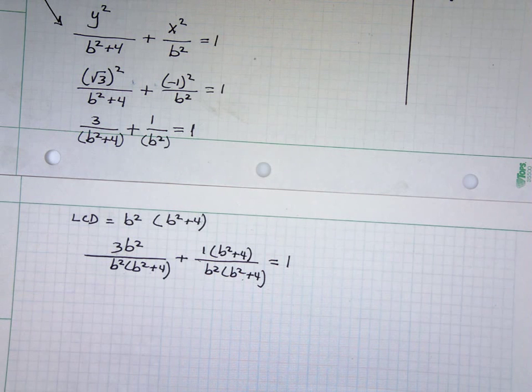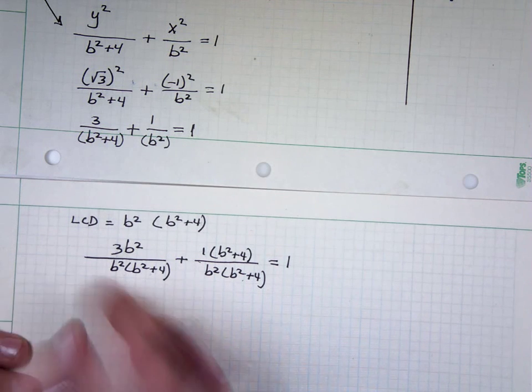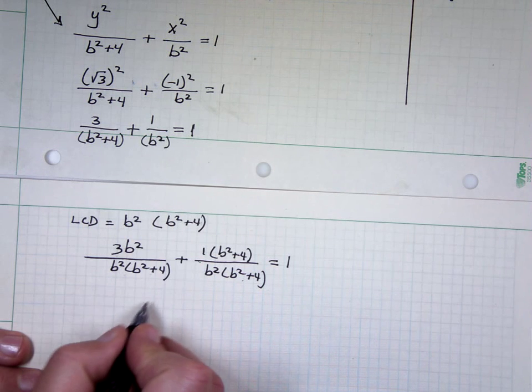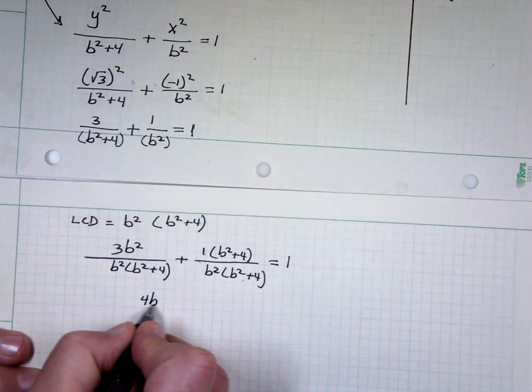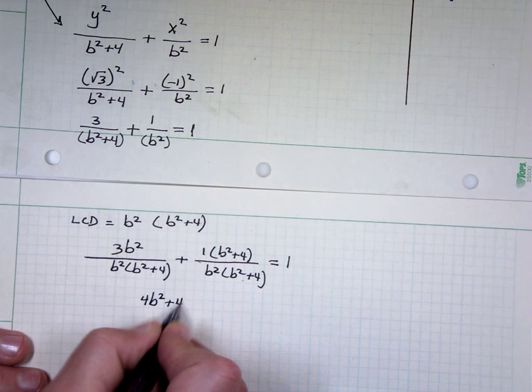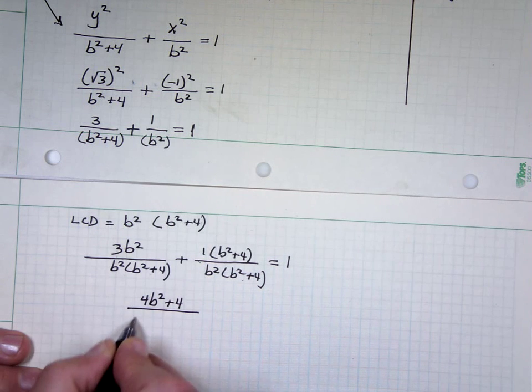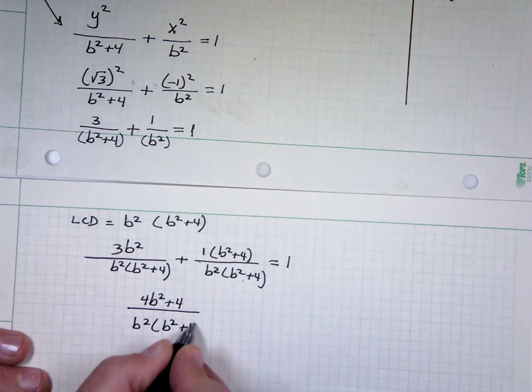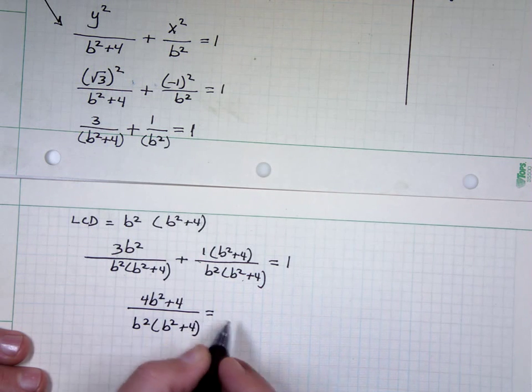Now I can combine them together. I'll have 4b squared plus 4 over b squared times b squared plus 4 is equal to what? 1, or 1 over 1 if you want.